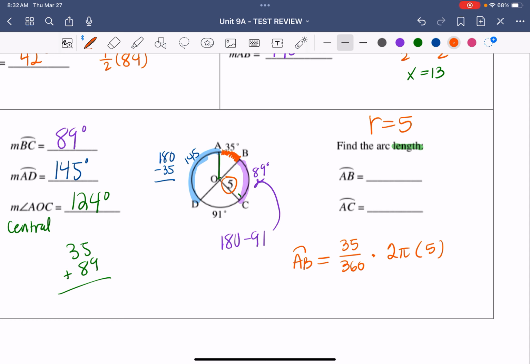So it was 35 divided by 360. Okay, and I am getting 3.05, so I'm going to put 3.1.